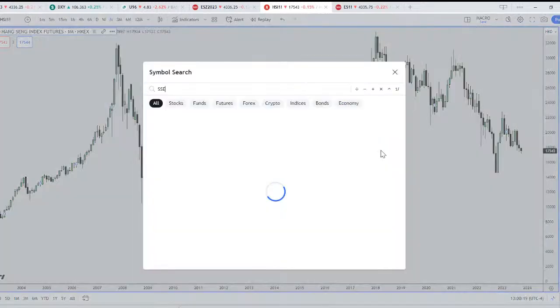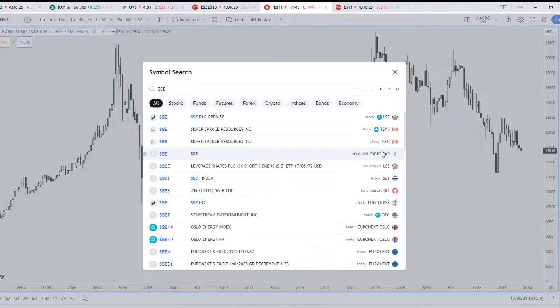Okay. Right. Moving on into the Shanghai Composite. Where is it?